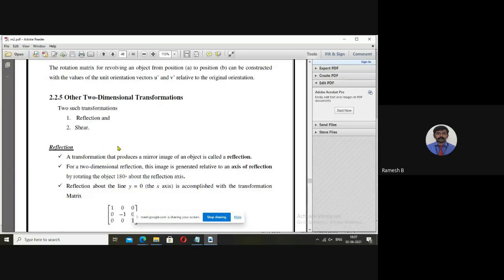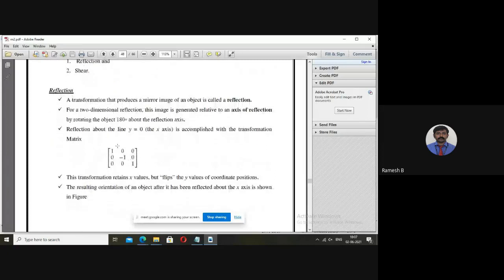If you see in this example, the first column stands for x, the second column stands for y, and the third column is constant. Now if we give -1, and take the y value as 0, that means we are doing reflection with respect to the y axis.